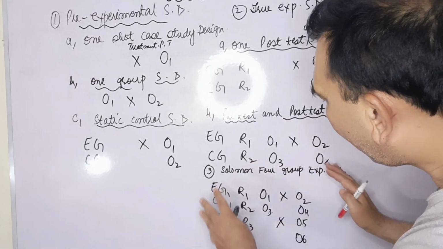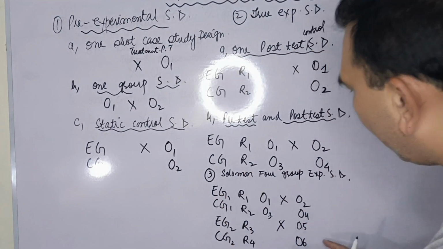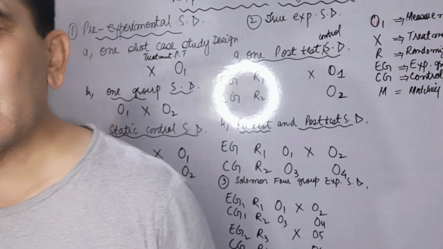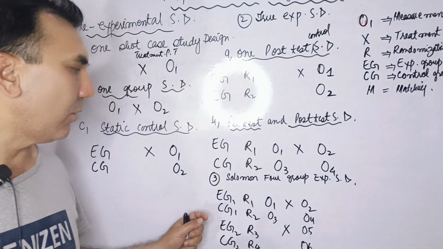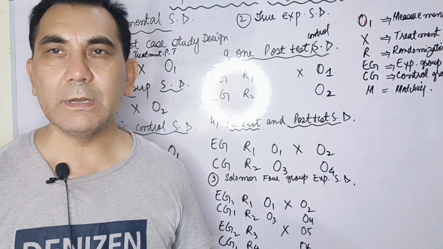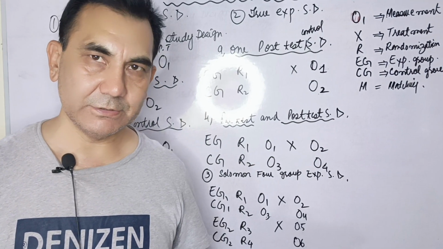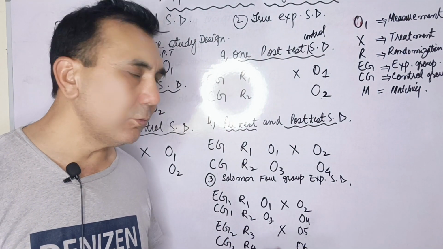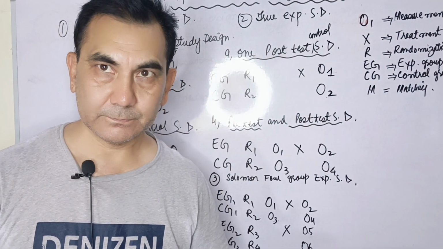So these are the four groups of the experimental study design. In this study design, the researcher wants to see and validate the effectiveness or outcome of one group on the second group.